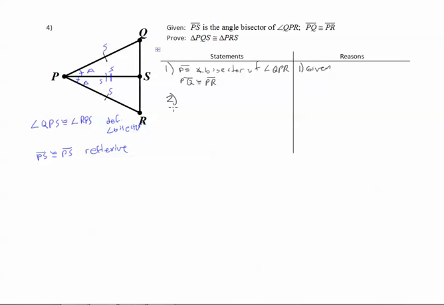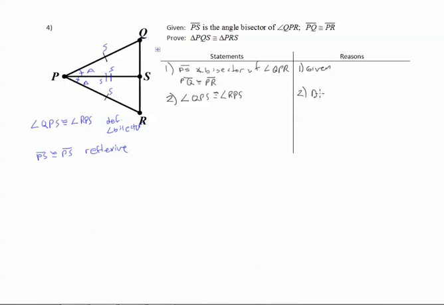Now let's build it into our proof. Let's make our logical flow. The first blue mark that we used, the first brainstorming we used in our process, was that angle QPS is congruent to angle RPS. We could say that because in our given we were told that segment PS is the angle bisector.